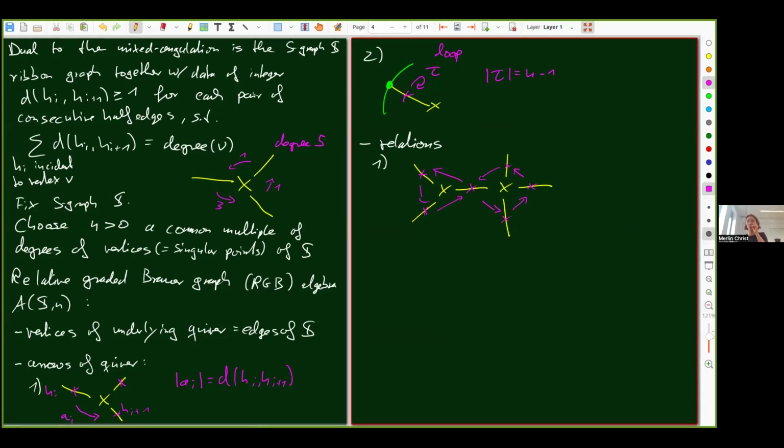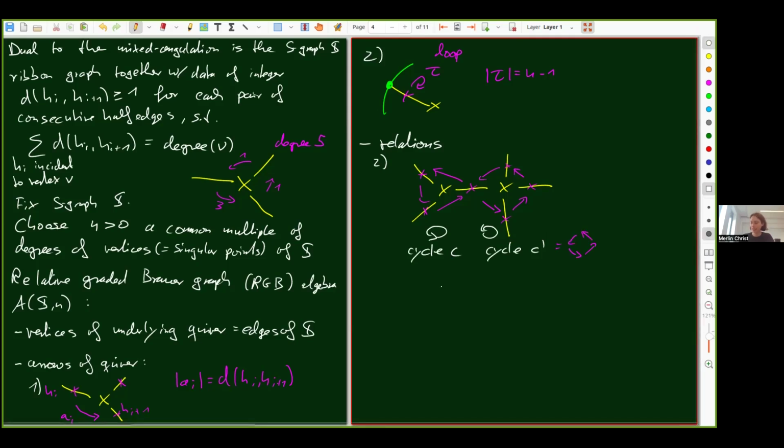And then what you have here is, maybe this is actually relation 2. I'll tell you relation 1 in a minute. So here you have a cycle going around this, cycle C. And if you go around like this, you get a cycle C prime, which is just this cycle.